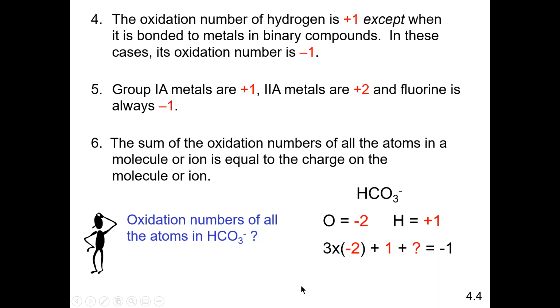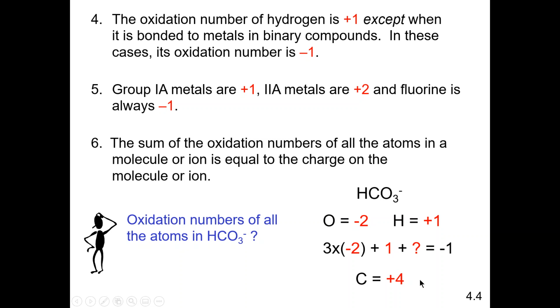So in this case, the sum of the oxidation numbers of the 3 oxygens, so 3 times -2, plus 1 hydrogen, so +1, plus the oxidation number of the carbon is going to be -1. To find the oxidation number of carbon, we solve this equation, and we find that the carbon will have an oxidation number of +4.